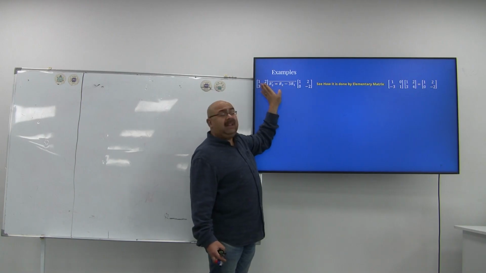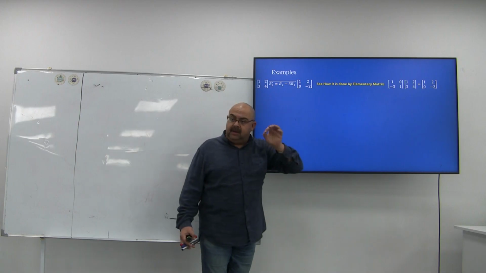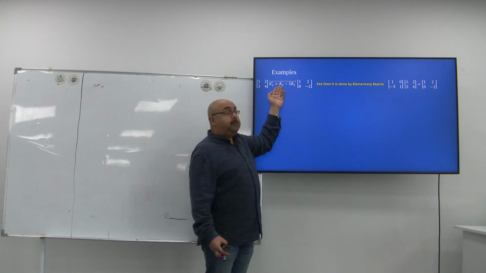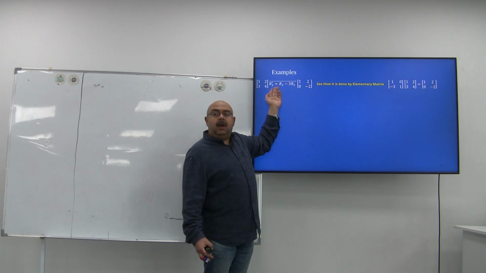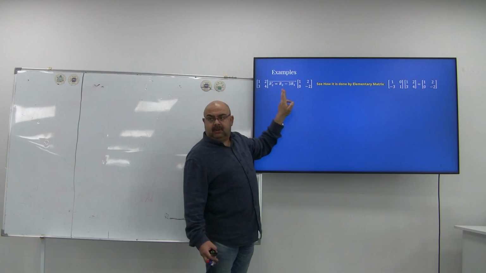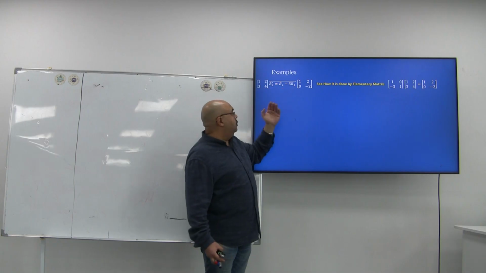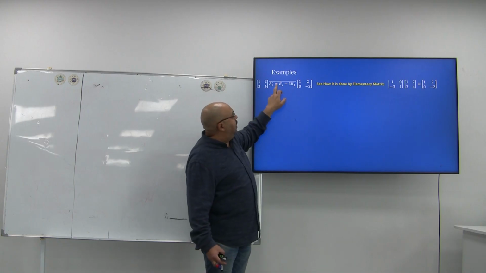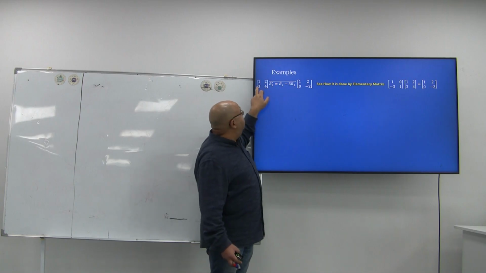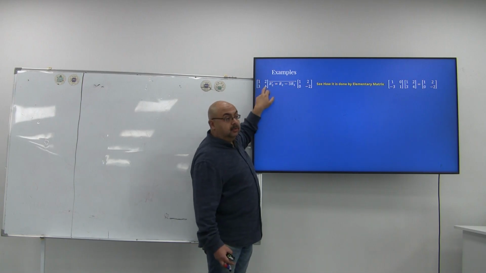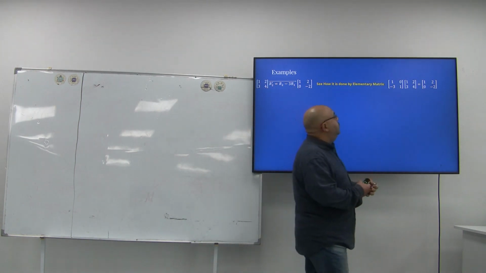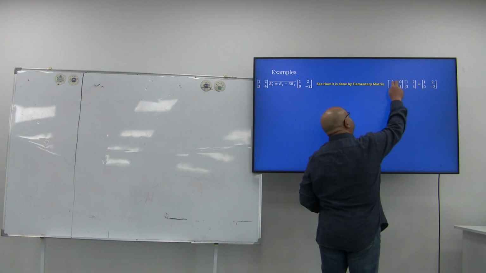I can do exactly the same using an elementary matrix. How to do it? I will do this process first on an identity matrix of the same dimension. Then I will multiply. So, bottom line, I need to change R2 to be -3 R1 plus R2. And that's the final result. I will do this, but in a unit matrix. That's the unit matrix.